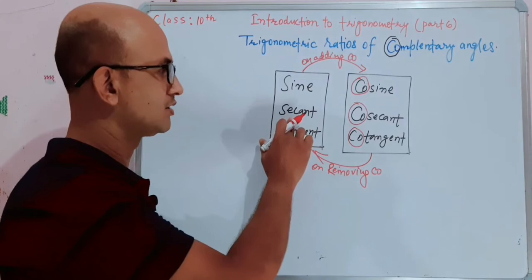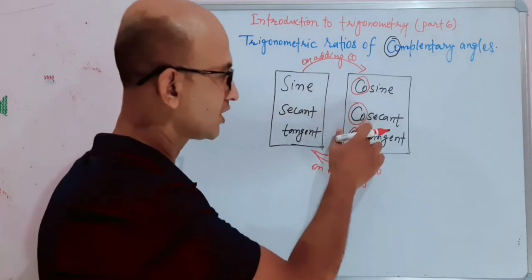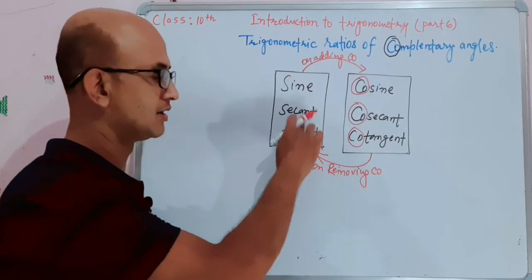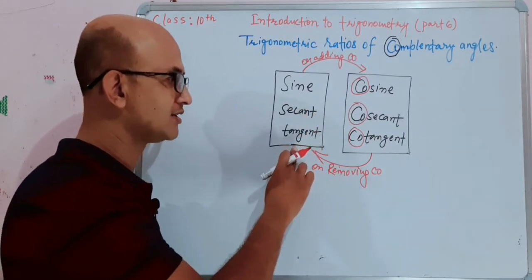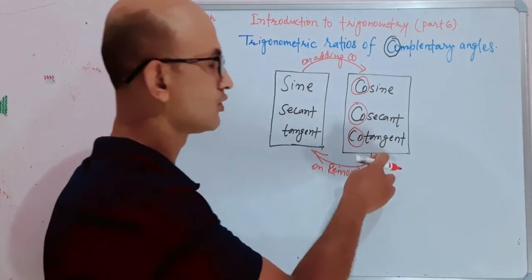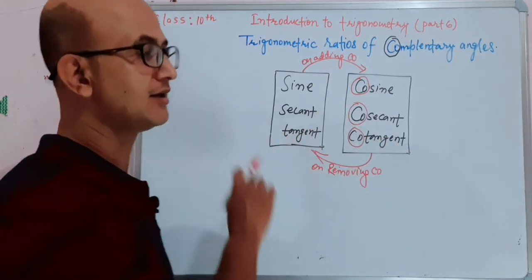Similarly, complementary of secant is cosecant, and complementary of cosecant becomes secant. Complementary of tangent is cotangent, and complementary of cotangent is tangent.